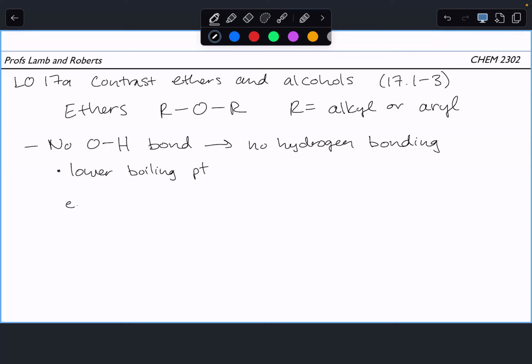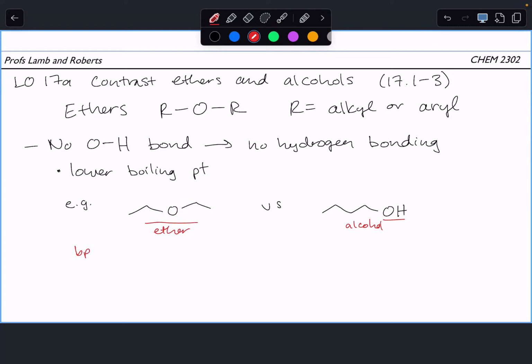So as an example, here is an example of an ether. We have that carbon, oxygen, carbon motif. So this is our ether, versus our alcohol. We have our OH, this is our alcohol. Here we have our COC, this is our ether.